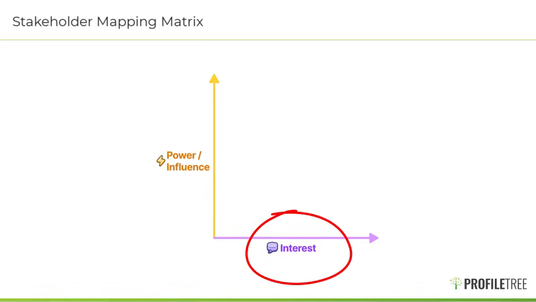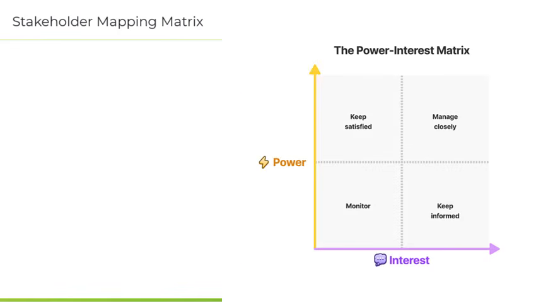And both these together make up the matrix where you can place your stakeholders on and decide whether they should be kept satisfied, managed closely, monitored, or kept informed. And basically, this will give you clarification on how you will communicate to each of these stakeholders.